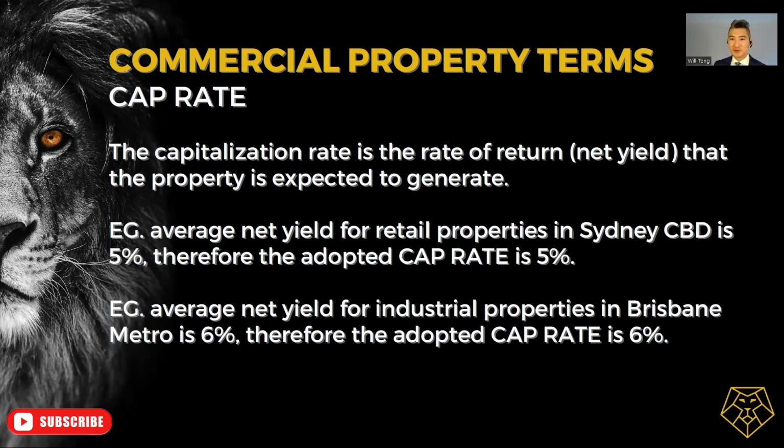So therefore, we can adopt that a cap rate of retail properties in Sydney CBD is 5%. So that's the expected rate of return. Another example will be, let's say the average net yield for industrial properties in Brisbane Metro is 6%. Therefore, we can adopt that the cap rate for industrial properties in Brisbane Metro is 6%.